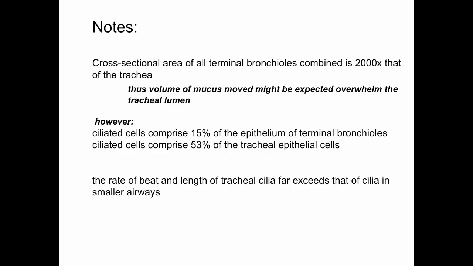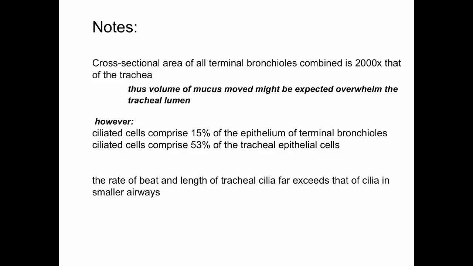A couple of notes: the cross-sectional area of all of the terminal bronchioles combined is something like 2,000 times the cross-sectional area of the trachea. So the volume of mucus that's moved might be expected to overwhelm the tracheal lumen. However, some interesting points.